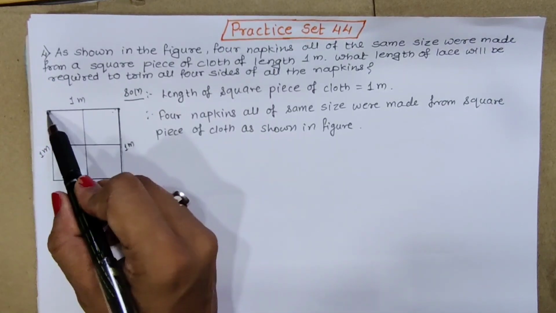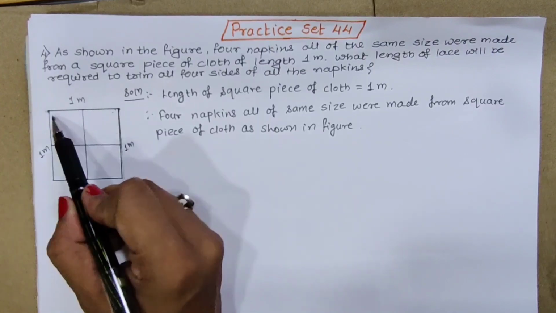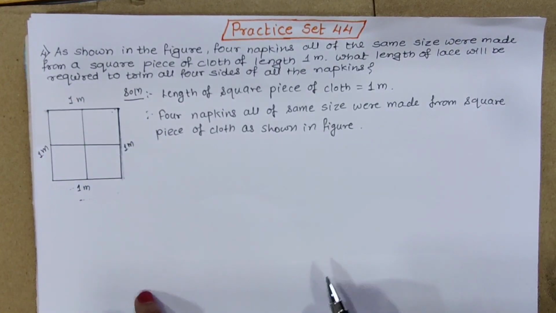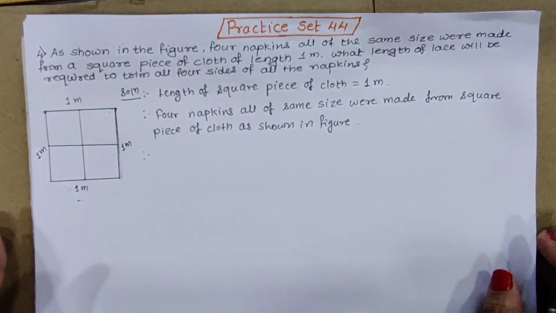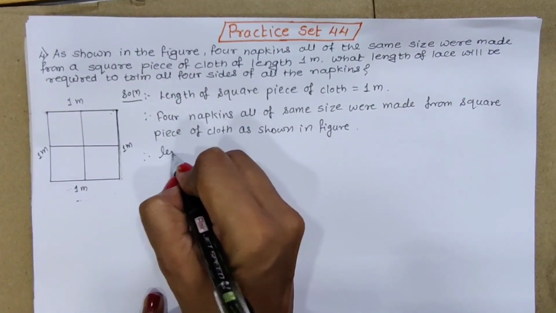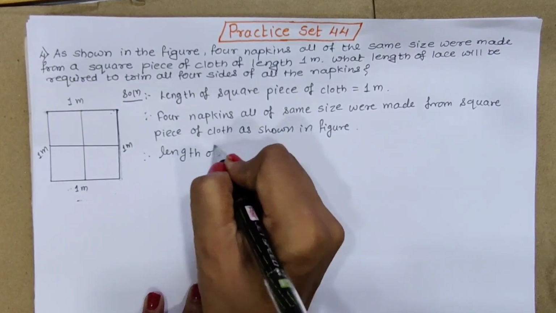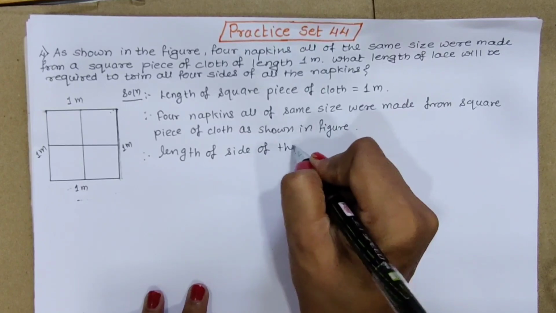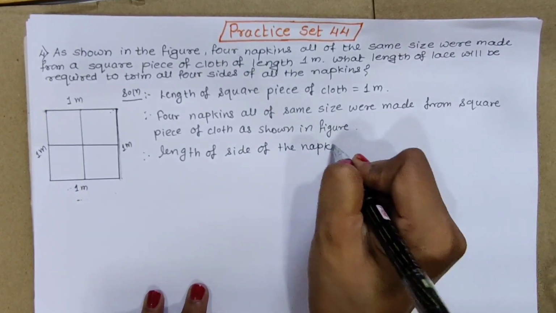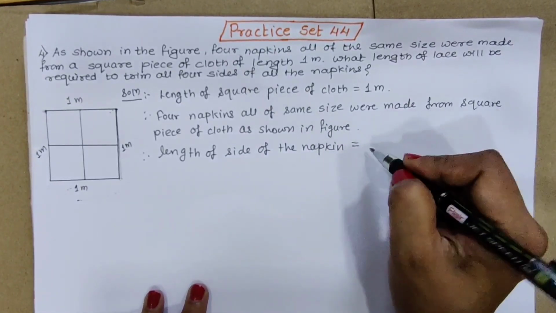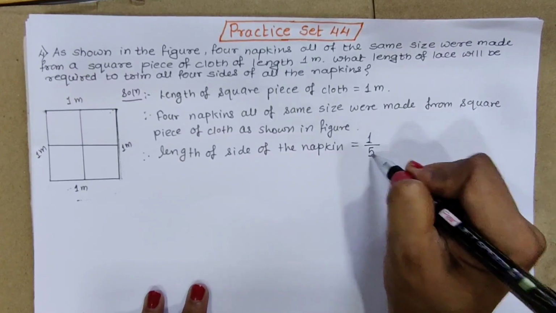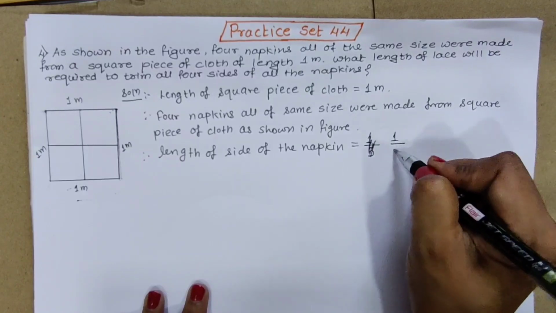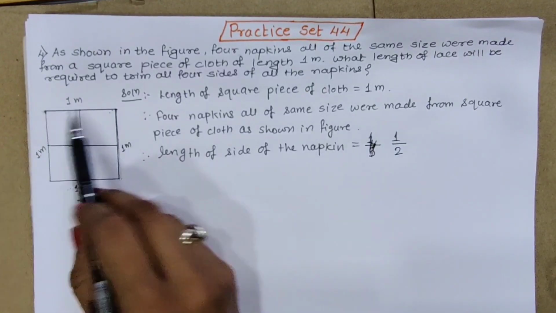Therefore, the length of the side of the napkin is equal to 1 meter upon 2. It is half of this 1 meter.